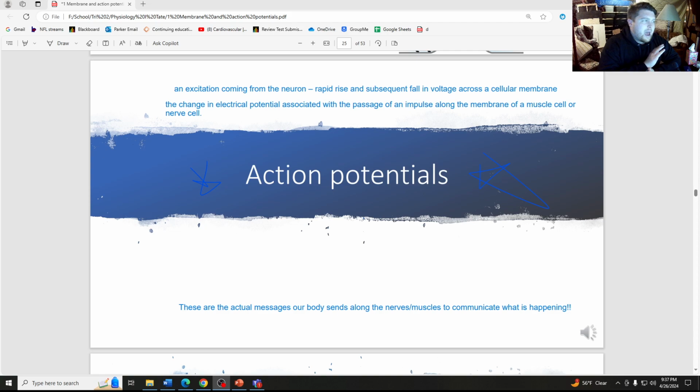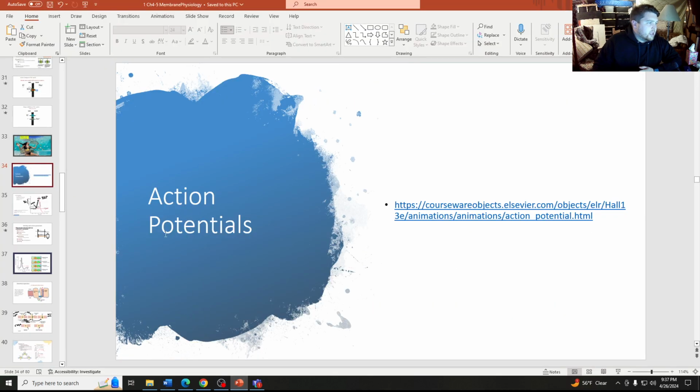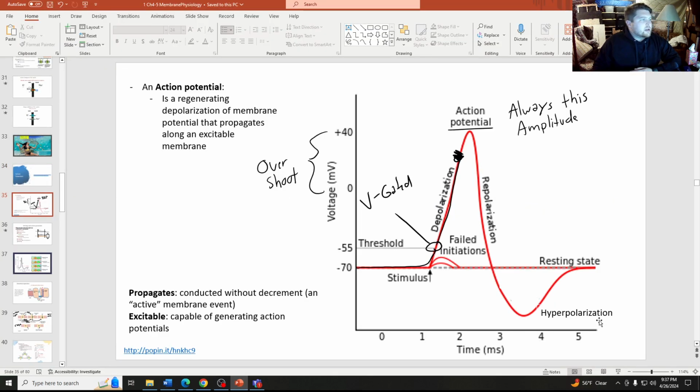There's going to be a rapid rise and then a fall in voltage that runs across a cellular membrane. We're going to take a look at how that happens and also what that specifically looks like. So this is what we're going to see when we look at an action potential.